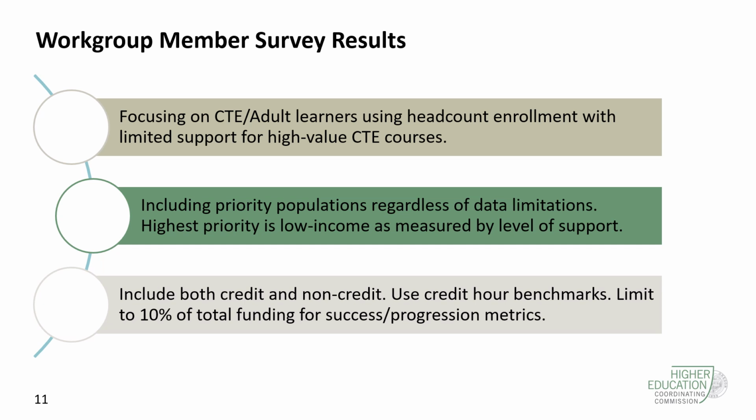And for workforce readiness, many of those programs are becoming non-credit in nature, and we didn't want to leave them out. So including credit and non-credit alike was important, as well as using credit hour benchmarks and limiting the amount of funding to this effort to no more than 10% of total funding.